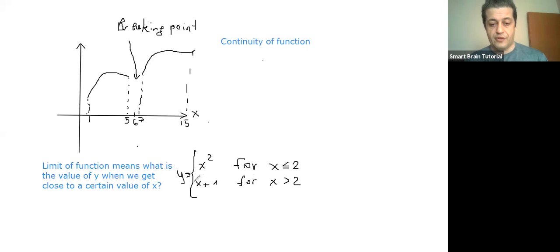The graph of this kind of function is composed of two parts: one is a parabola, because the quadratic function has a parabolic graph, and this part here is linear. However, for the function to be continuous it must meet three conditions.